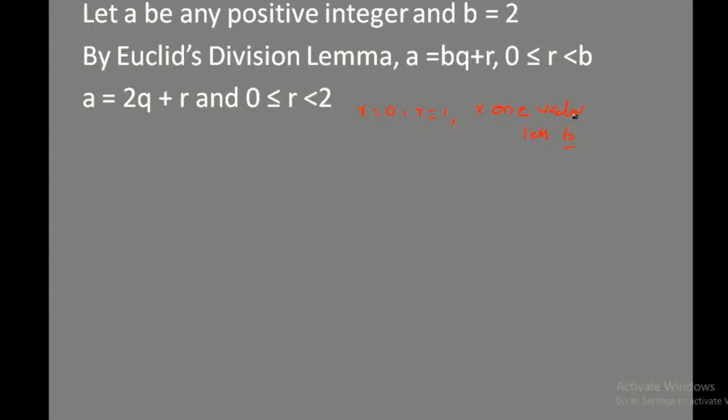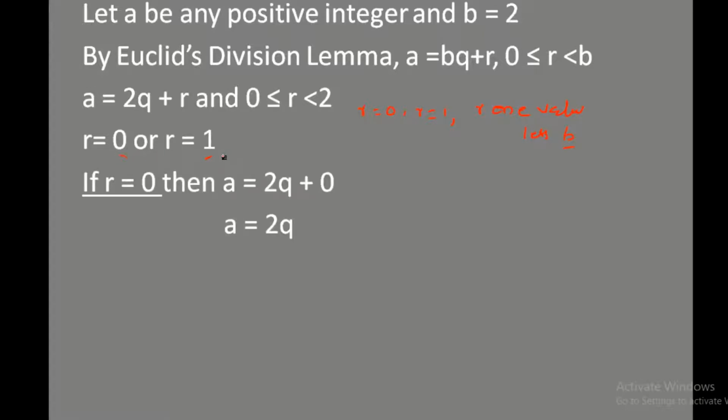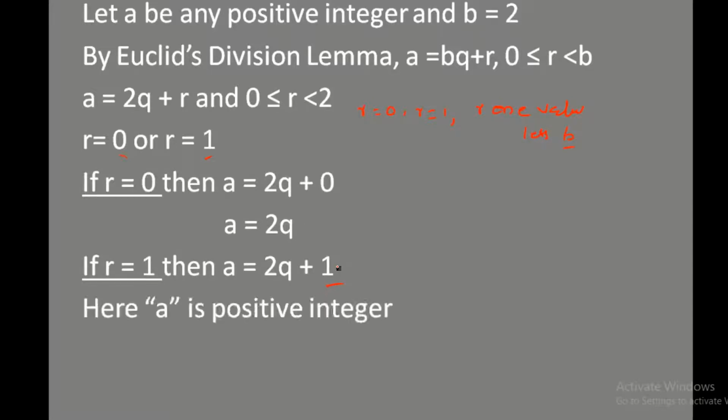So the possible remainders are 0 and 1. If r is equal to 0, then the equation becomes a is equal to 2q. If r is equal to 1, then the equation becomes a is equal to 2q plus 1.